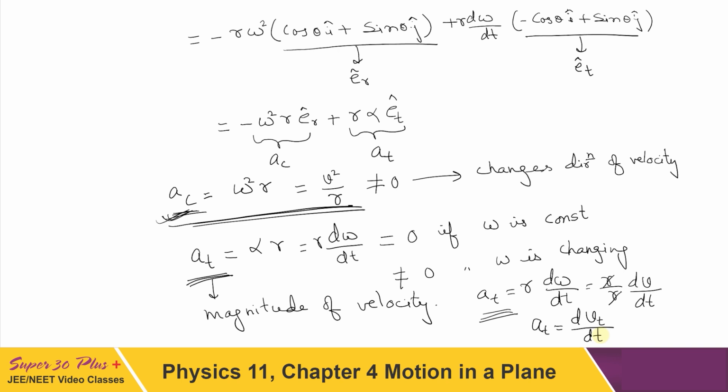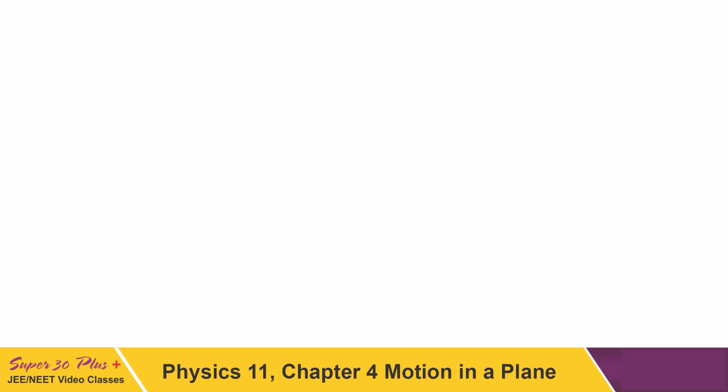But what if motion is not a circular motion? If it is not a circular motion, then also, since direction is changing, centripetal acceleration has to be there, and its magnitude will be equal to v square by r in case of circular motion, but here this r has to be replaced by radius of curvature.